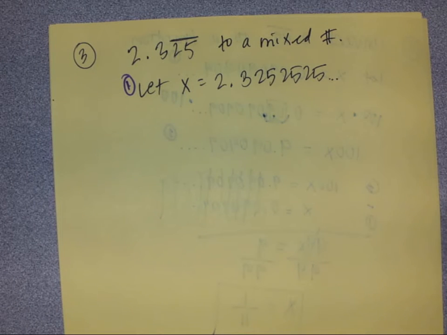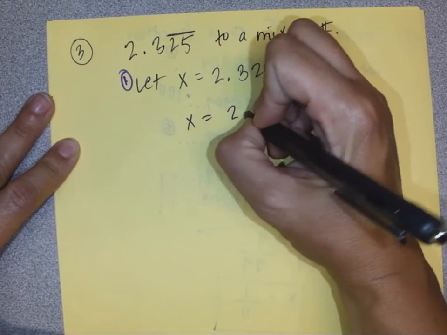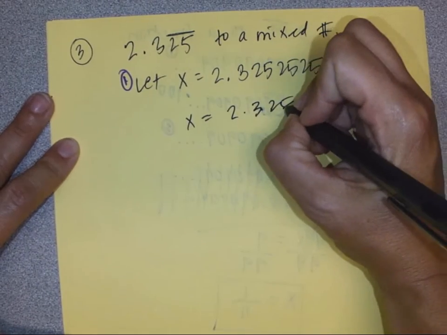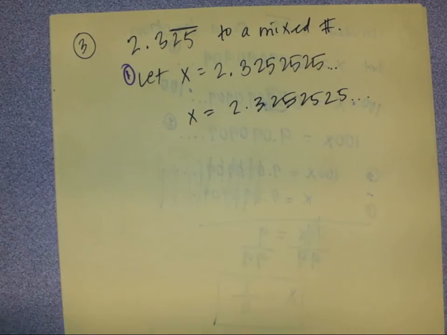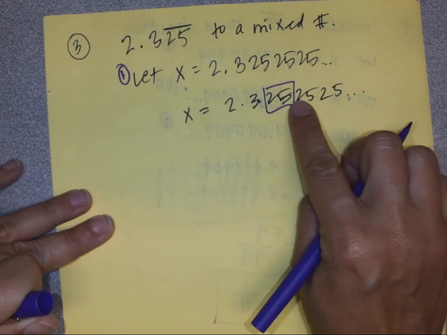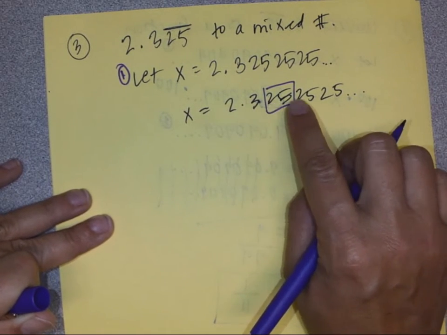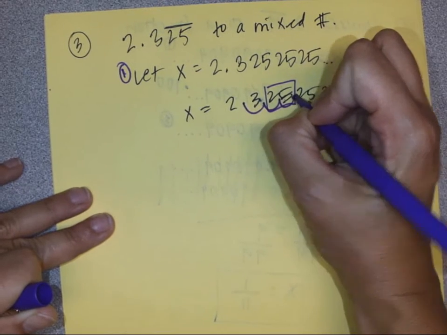Okay, so I still do the same thing. That's equation 1. I need to get to my next equation, so I need to move my decimal place. Let's see how many times I need to move it. 2, 5, 2, 5, 2, 5, so on and so forth. One whole repeater is this right here, 2, 5. That's what I need. I need to move the decimal after that 5, so I need to move it over 1, 2, 3 times this time.